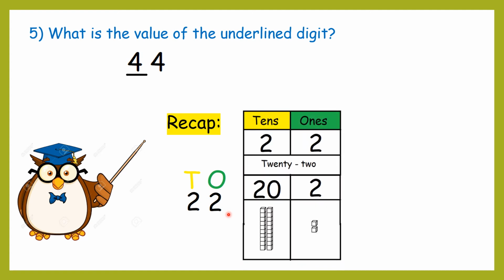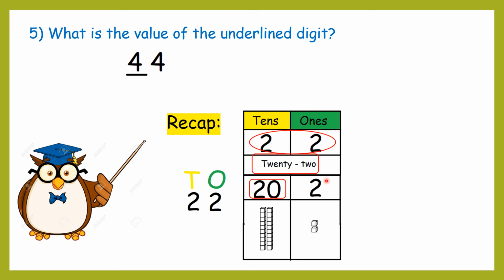Now look at this place value chart. To find the value of each number, we have to know the place value chart. So here we see 2 tens and 2 ones. When we say 2 tens, it means 20, and 2 ones means 2.